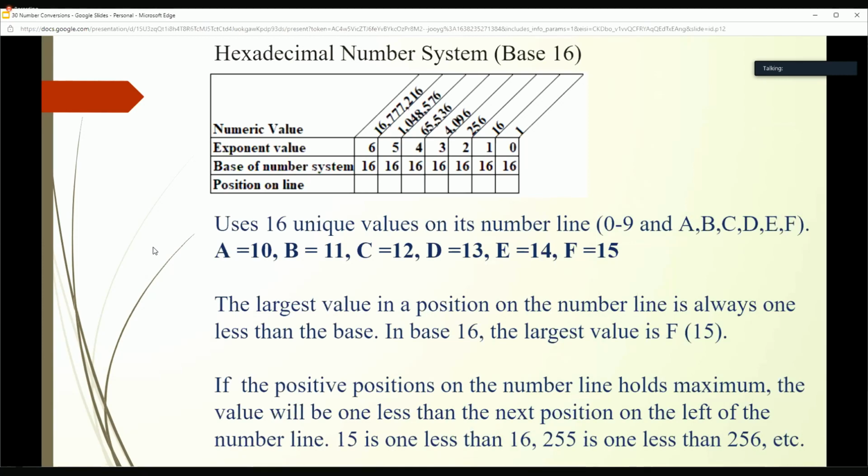Hex, same thing, right? We're talking about a numbering system now that has a base 16. Just like we saw with decimal, where base 10 is 0 through 9, well, base 16 means 0 through 15, right? So my largest value that I can have is 15.